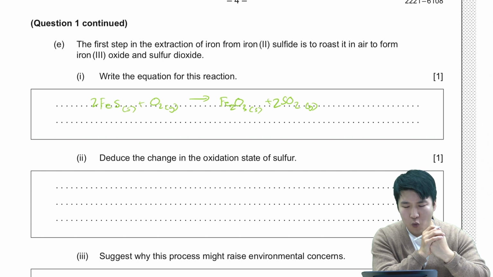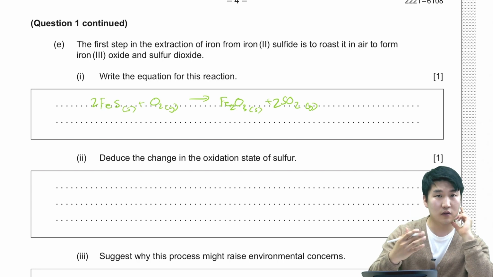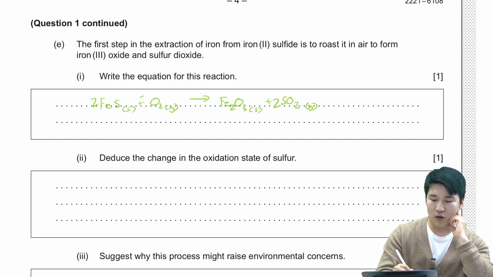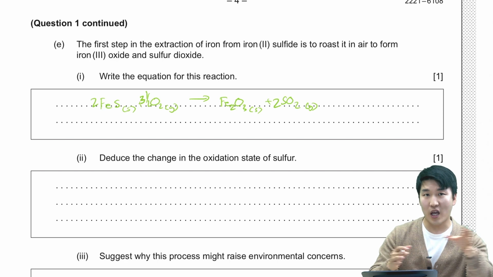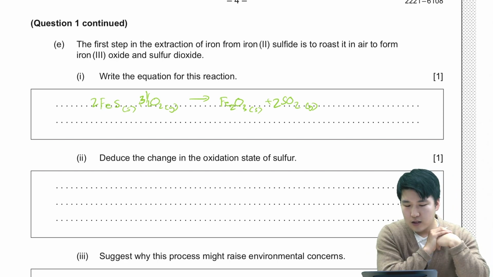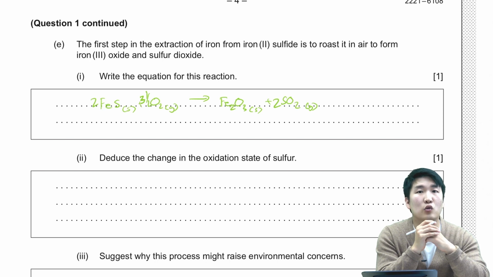On the product side, overall, we seem to have 3 plus 4, 7 oxygen atoms, which means we'll have to start with 3.5 oxygen molecules. Let's make sure what we have written is nicely balanced. 2 FeS plus 3.5 O2 will give 1 Fe2O3 and 2 SO2. Right, completely balanced. Moving on.